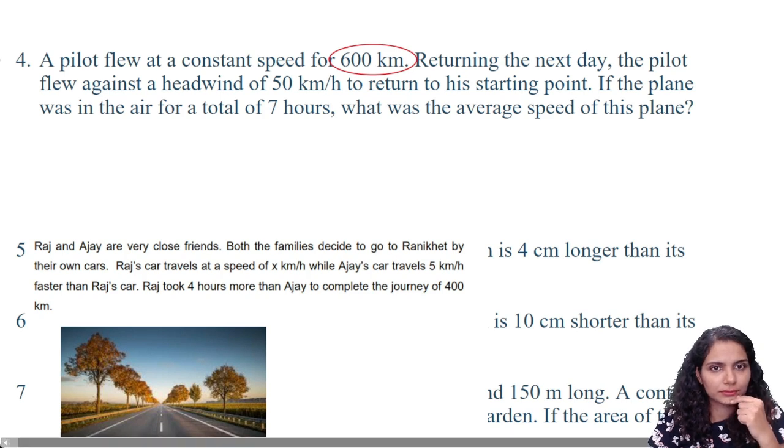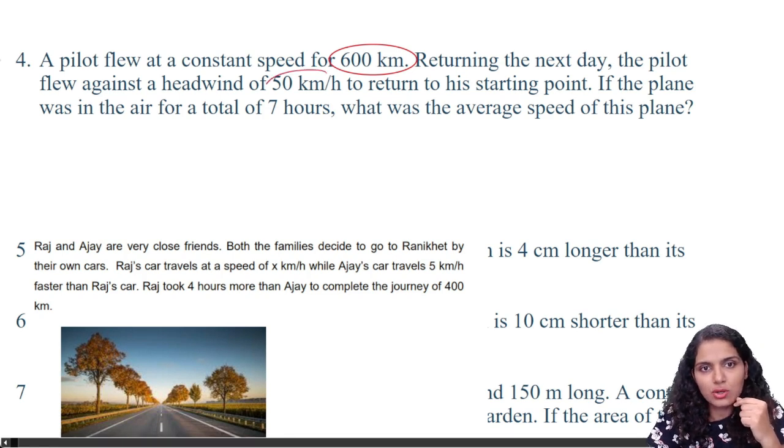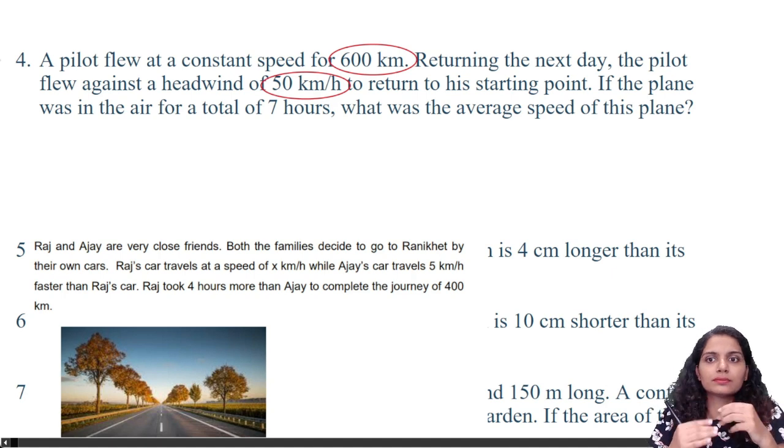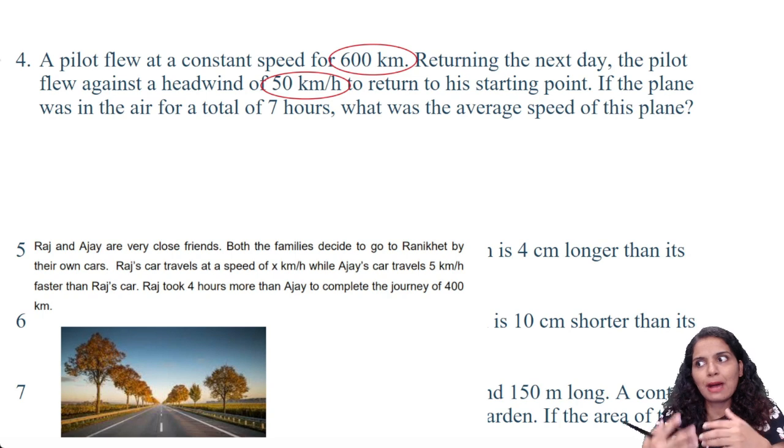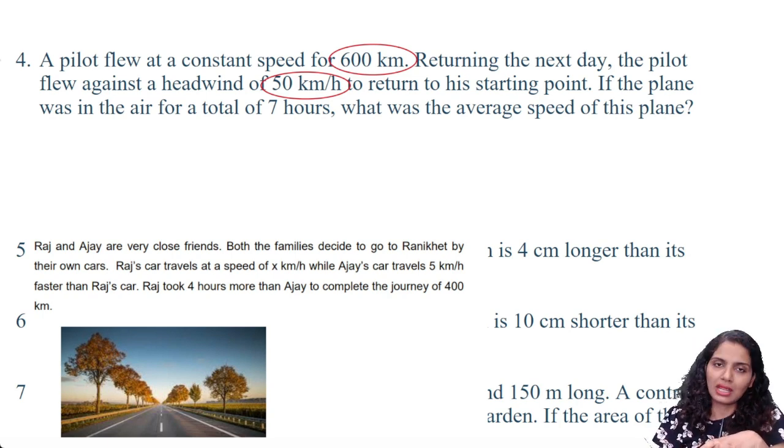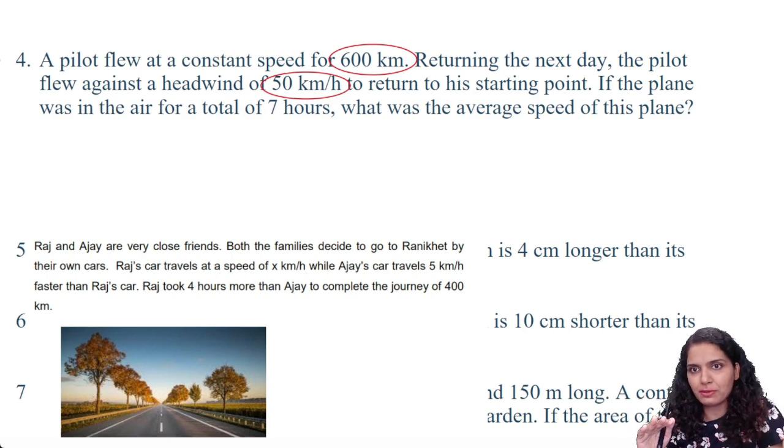So when you're going against the wind, what will happen to the speed? Along with the wind, it will increase, just like upstream and downstream. Along with the stream, it gets increased.